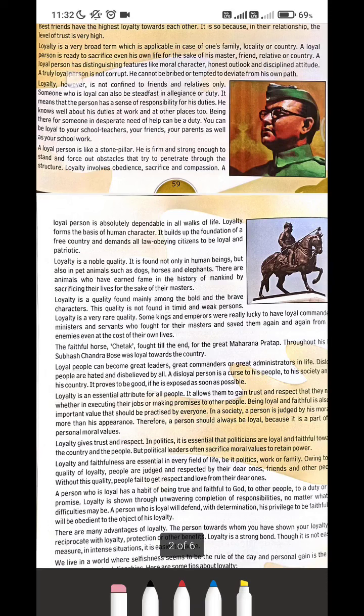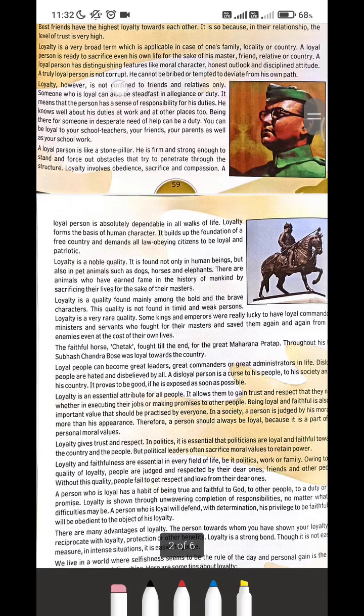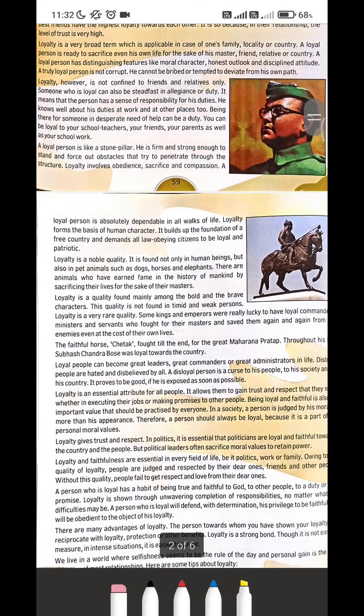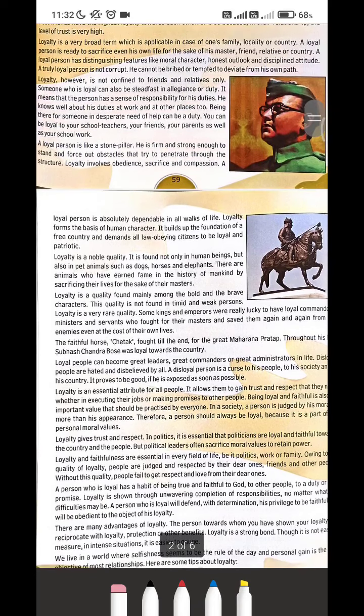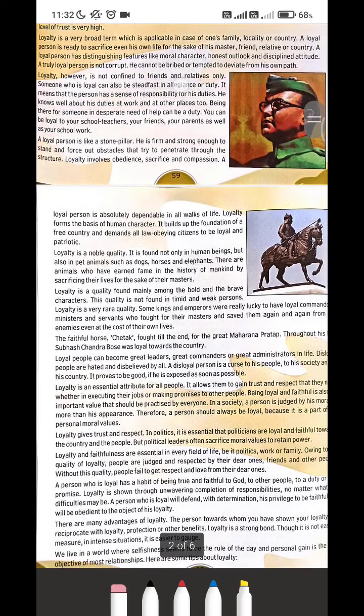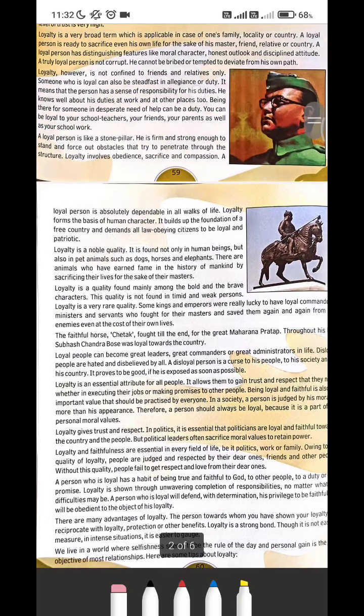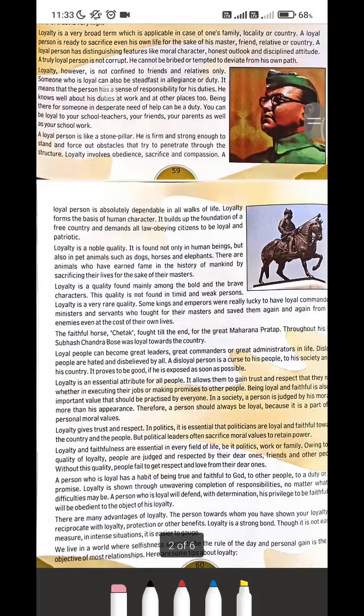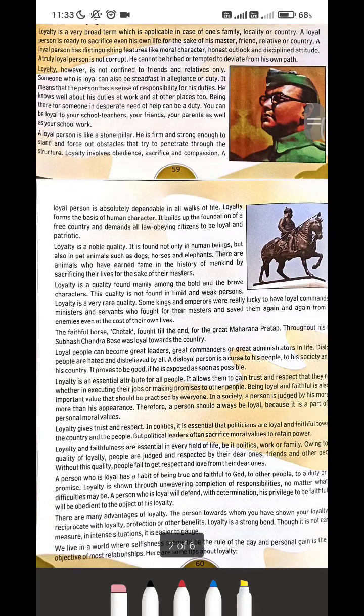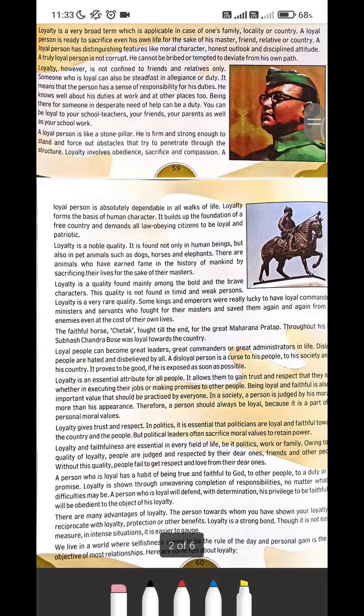Loyalty, however, is not confined to friends and relatives only. Someone who is loyal can also be steadfast in allegiance or duty. It means that the person who has a sense of responsibility for his duty knows well about his duties at work and at other places too.